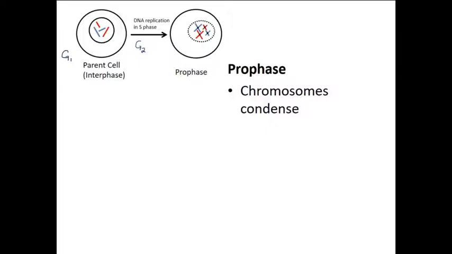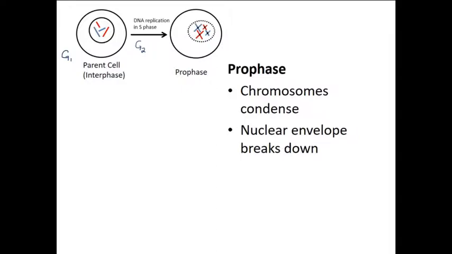They get more and more highly packaged, and you can see them as individual chromosomes. They look kind of like big fat worms. They are condensed so that they can be moved around easily and in an organized manner. Probably the biggest challenge that cells have during division is keeping that DNA organized to make sure it gets distributed to the daughter cells properly.